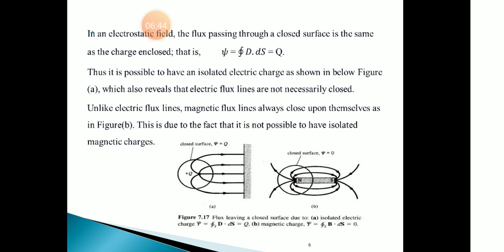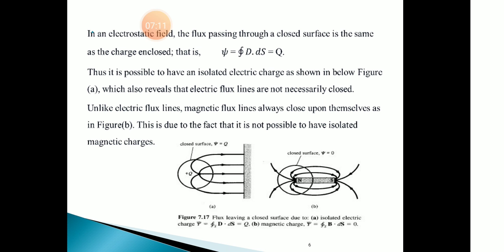The SI unit for B bar is Tesla. S is the open surface through which flux is passing. So we can define at this stage the magnetic flux density as the flux passing through unit area in a plane at right angles to the direction of the flux.